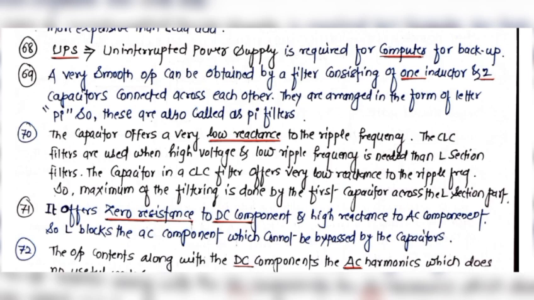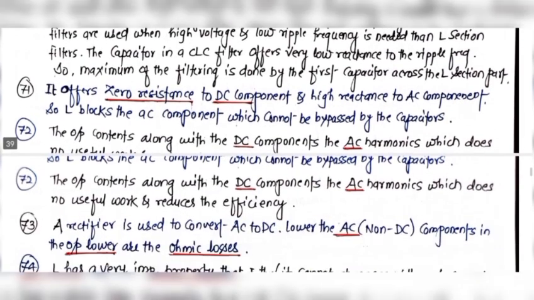So the maximum of the filtering is done by the first capacitor across the L section part. It offers zero resistance to the DC component and high reactance to the AC component, and L blocks the AC component which cannot be bypassed by the capacitors.